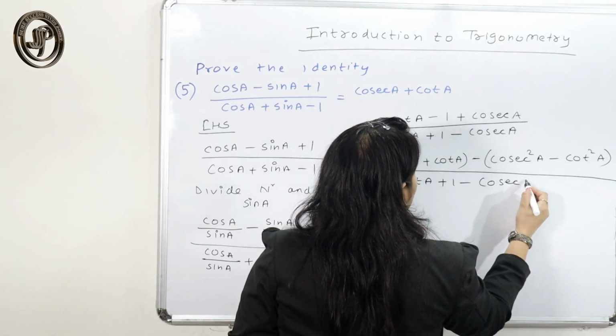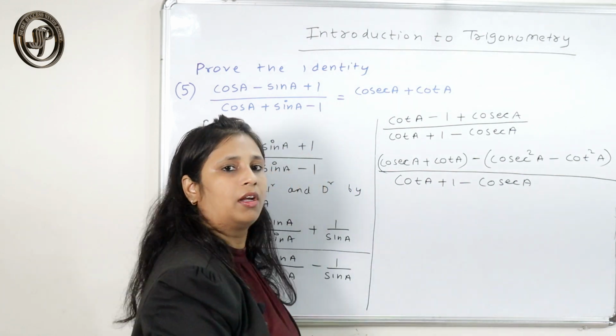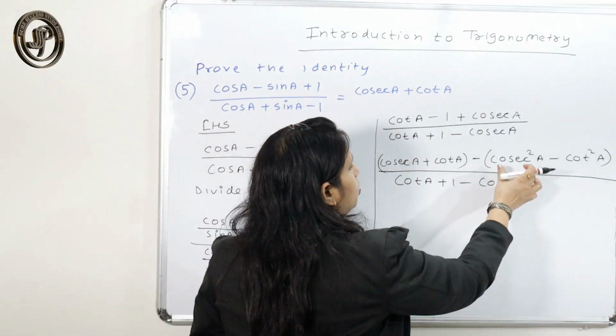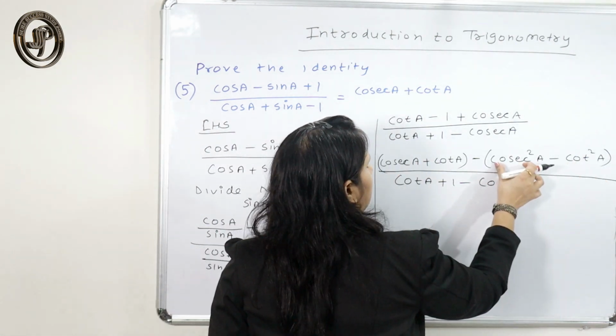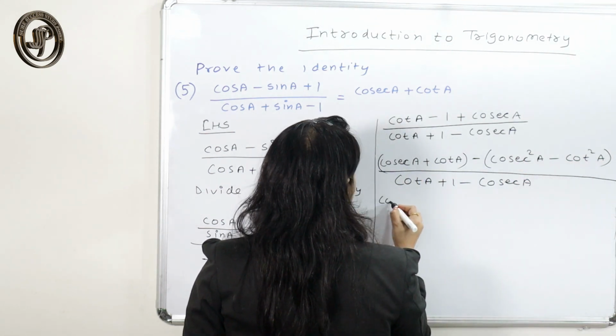Don't do the same thing with the denominator here. Now you can use the identity a square minus b square.